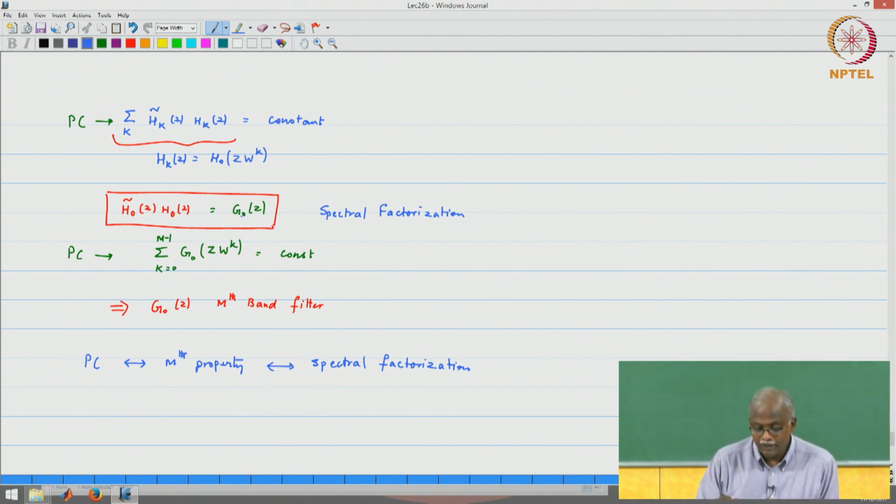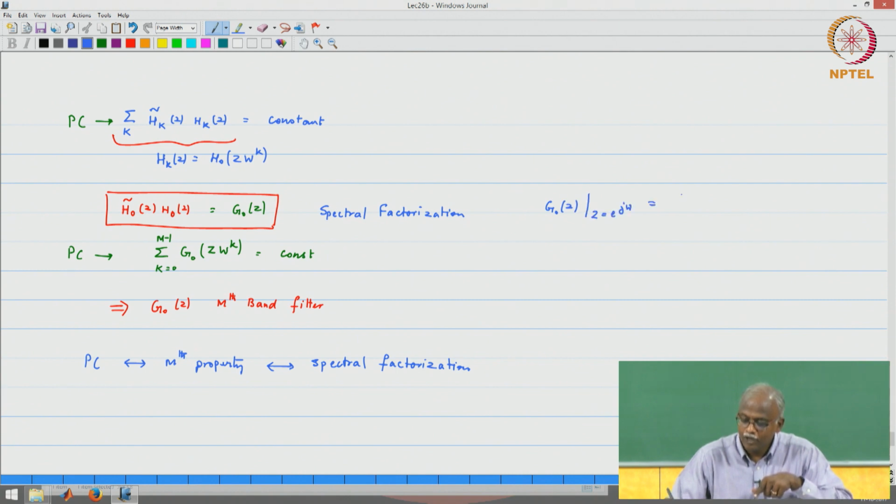The question is, if I have an mth band filter that satisfies the mth band property, and if I rephrase your question, the question is, can I always factorize an mth band filter as a polynomial and its paraconjugate? That is a very important question, because this is possible only if I look at G0 of Z on the unit circle, it must be of the form something magnitude squared.